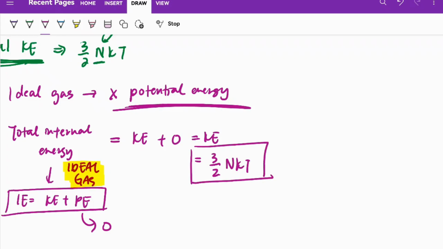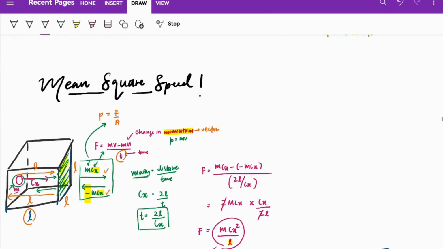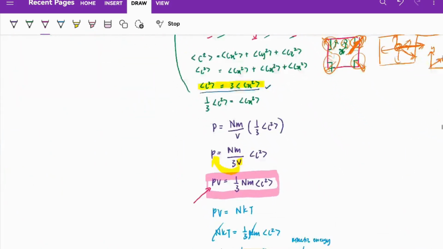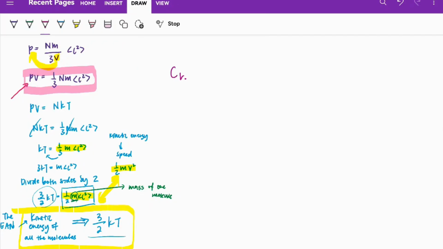Alright, okay, so that's about it. In this video, you learned about mean square speed. Also, don't panic if they suddenly ask for root mean square speed. Sometimes they'll give it like this, c_r.m.s. This means root mean square speed. Don't get panicked when they ask that.